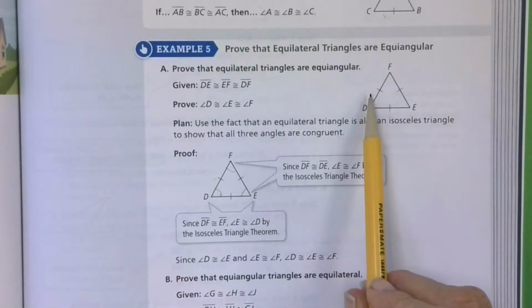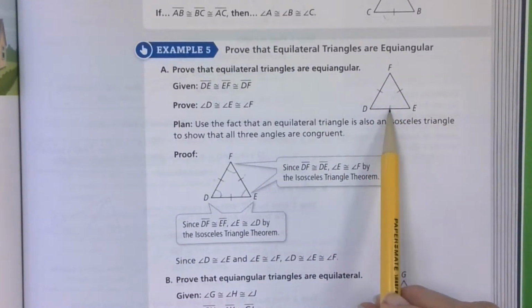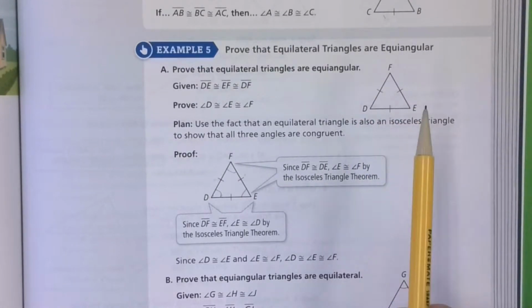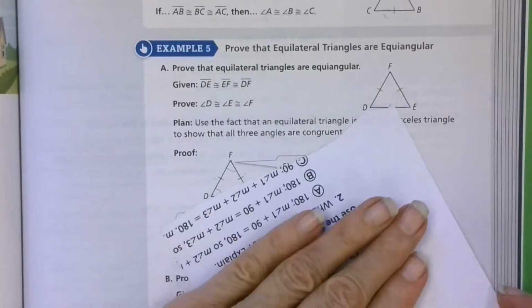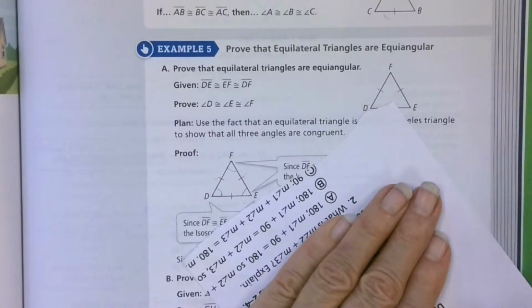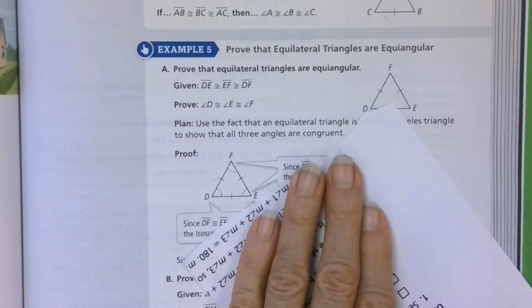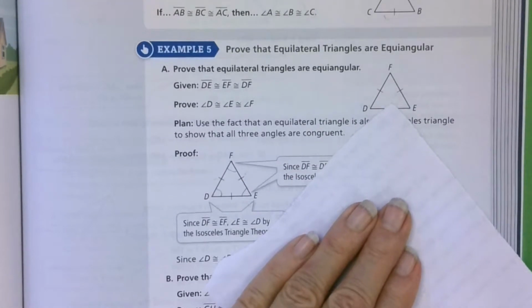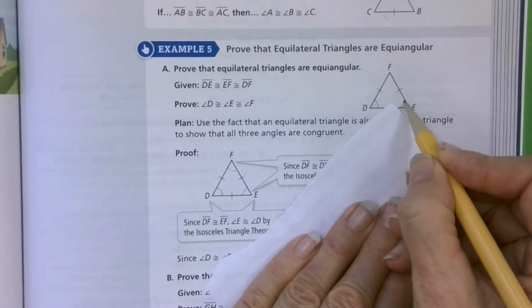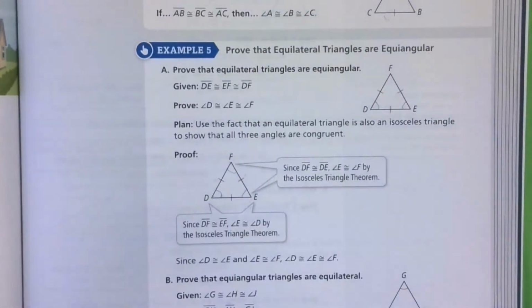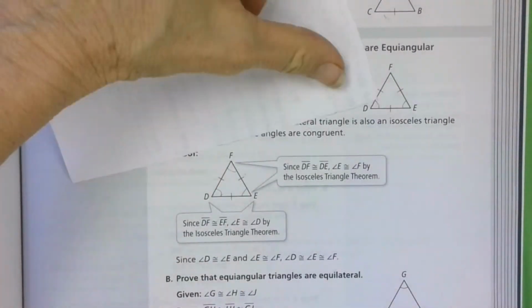All you need to do here is, once we know this is an equilateral triangle, which means it is also an equiangular triangle, if we cover up that congruent mark and flip this over, we know that's an isosceles triangle, then these two angles are congruent to each other. Now I can reveal, let's look at it this way.